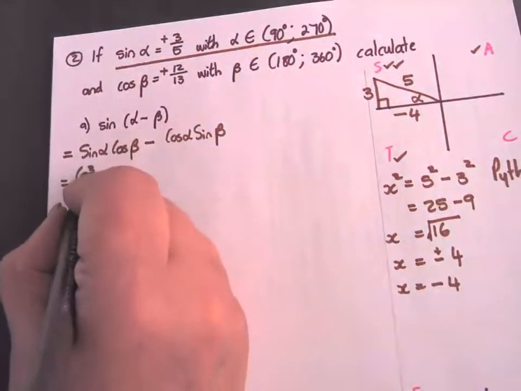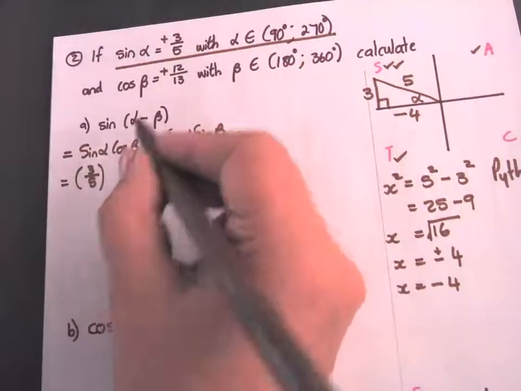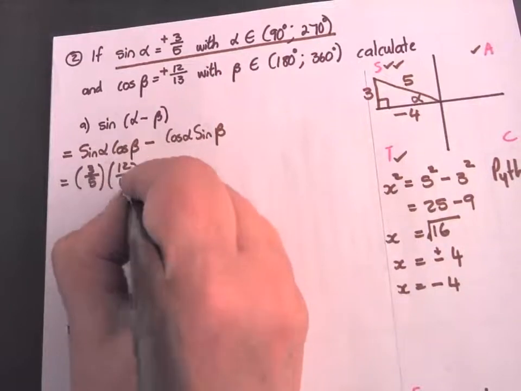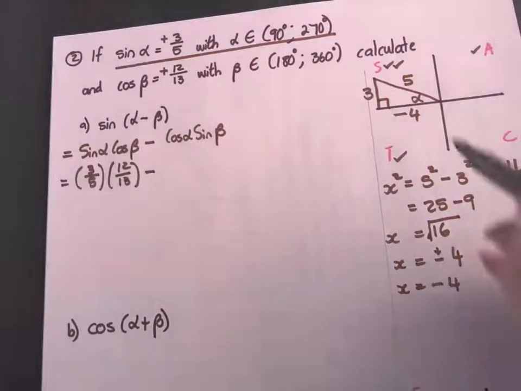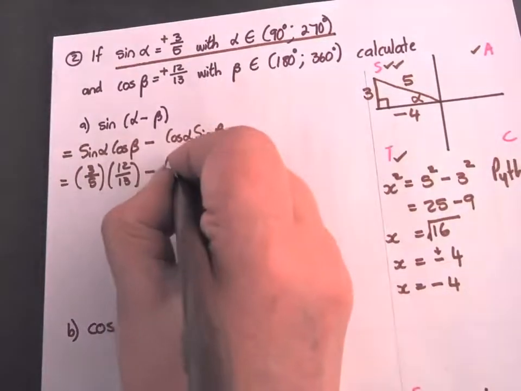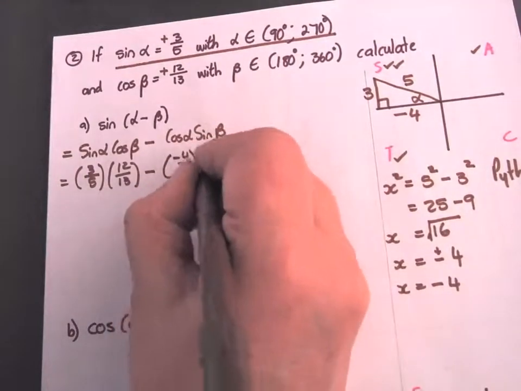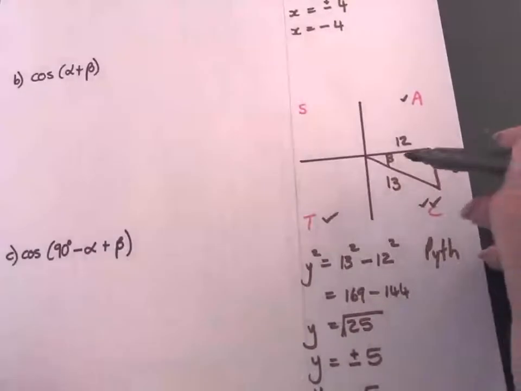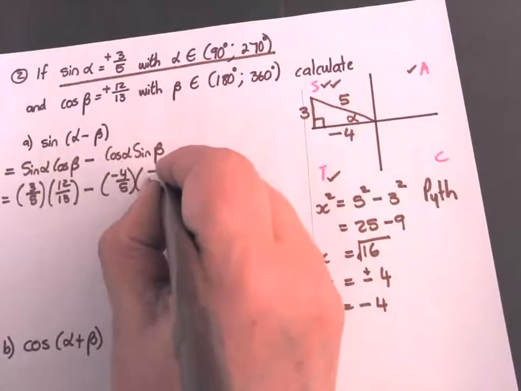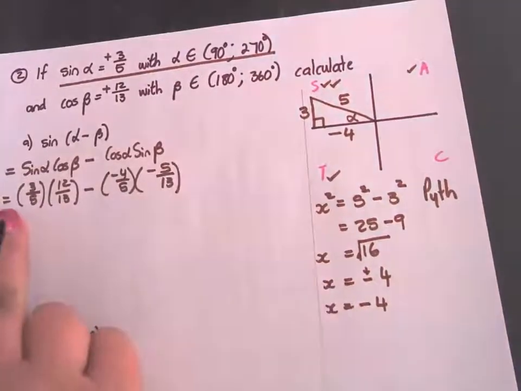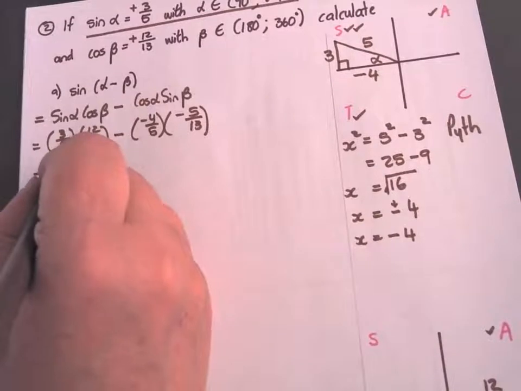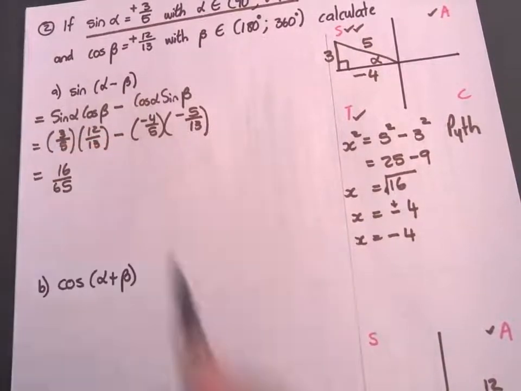They gave it to us. Cos beta is 12 over 13 minus cos alpha minus 4 over 5 sine beta minus 5 over 13, and you type that exactly as it is on your calculator and you get 16 over 65.